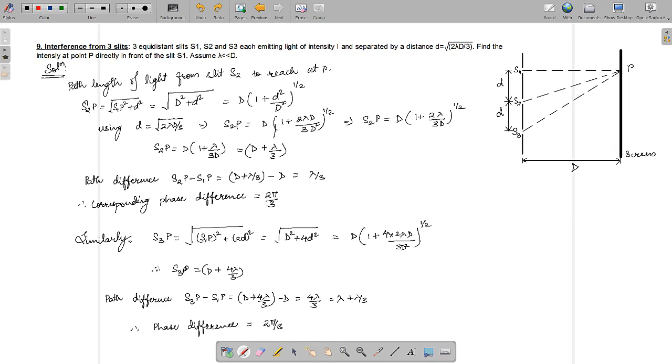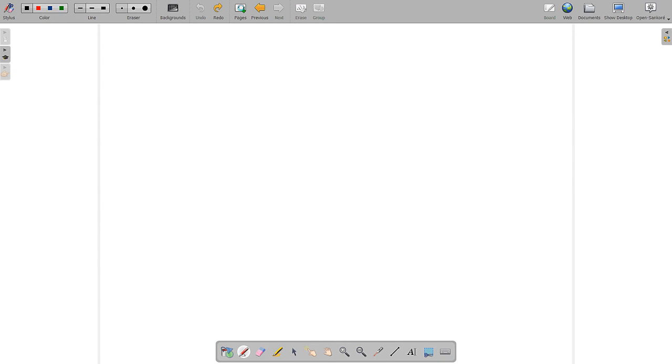Now, if we look at the phasor diagram, this is the light coming from S1, which has an amplitude A. With reference to it, it is making zero angle. Using vector addition, this will be the light coming from S2, and similarly in the same direction, this is the light coming from S3. So this is the resultant amplitude.